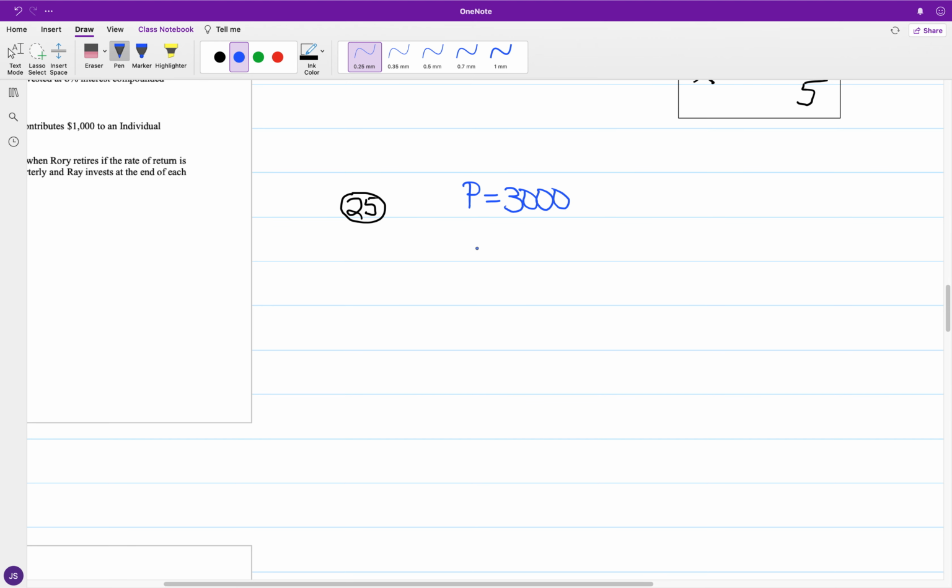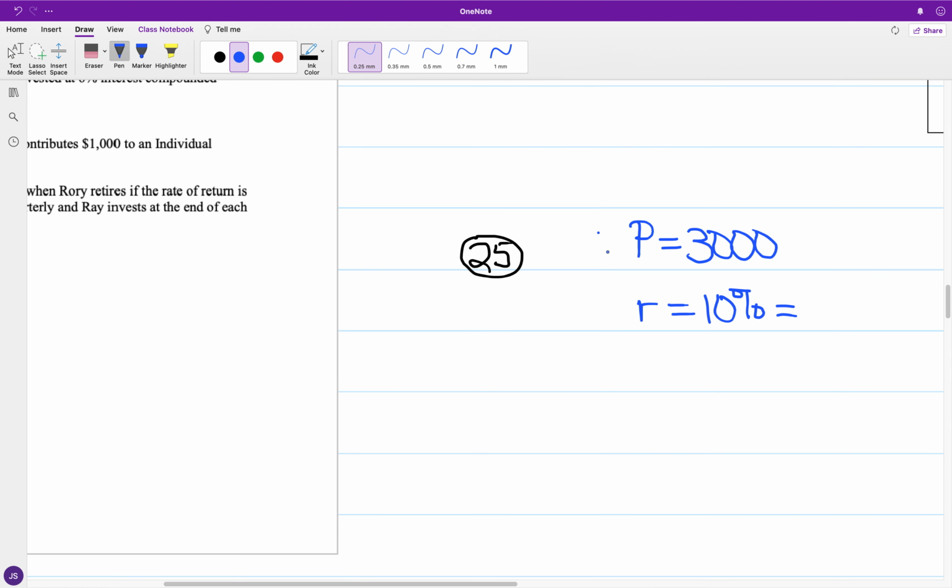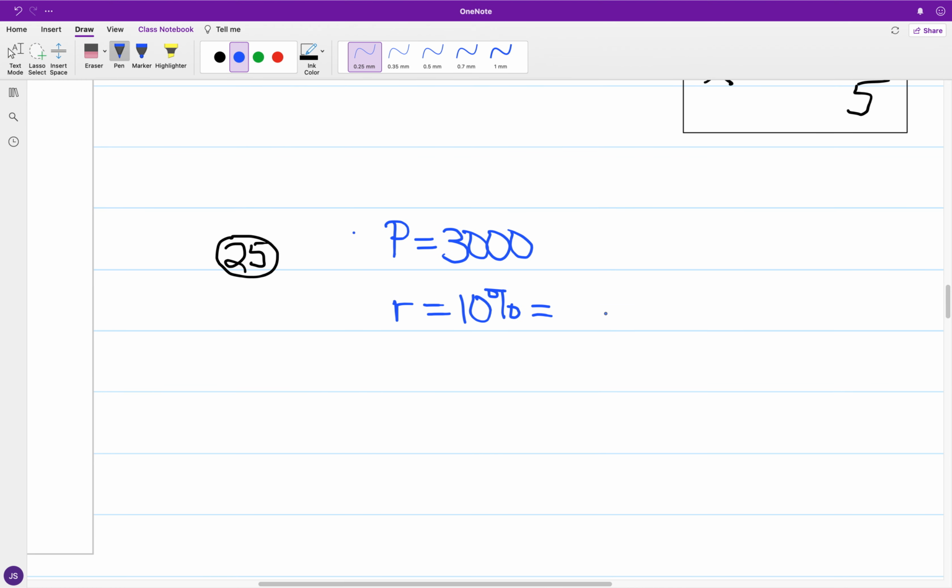Again, we have the rate of interest, 10%, and converting to a non-percent decimal, you have 0.1. And for the time span, we're looking at 6 years.